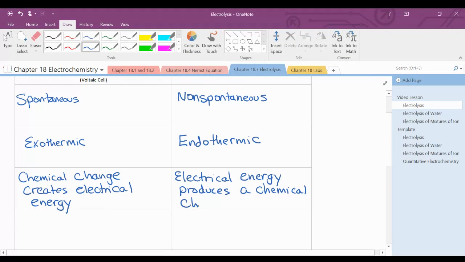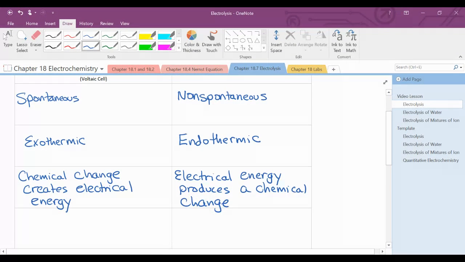An example of this from first year chem was in the types of chemical reactions chapter when we did the demo with the decomposition of water. It required a battery, and we're going to look at today the electrolysis of water and how that's set up.